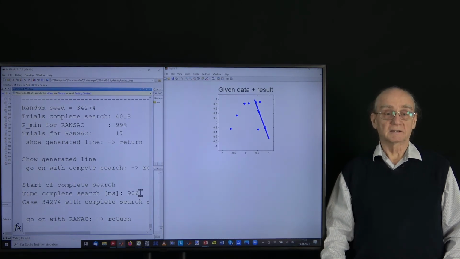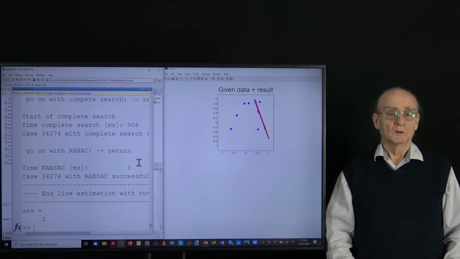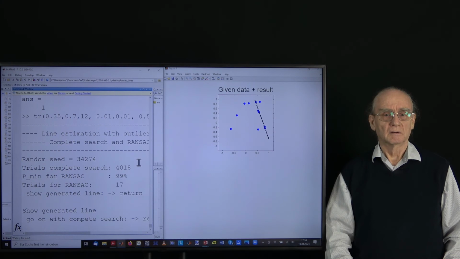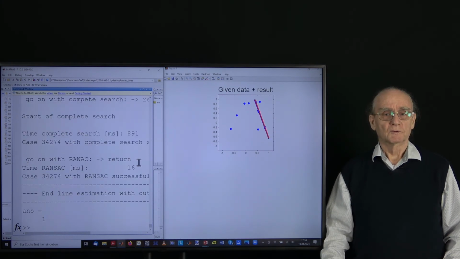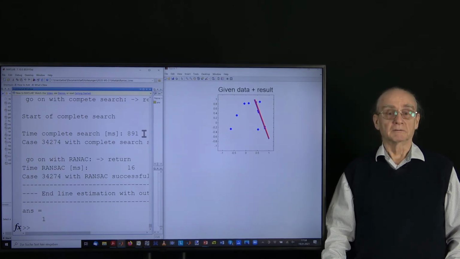Nearly 1 second is required to determine this line if you do complete search. If I do the same thing for RANSAC, it comes out with 0, probably due to some rounding. Let's try once more. So here we again have the 16 milliseconds, and here we have the 900 milliseconds. So the ratio in computing time is extremely different.